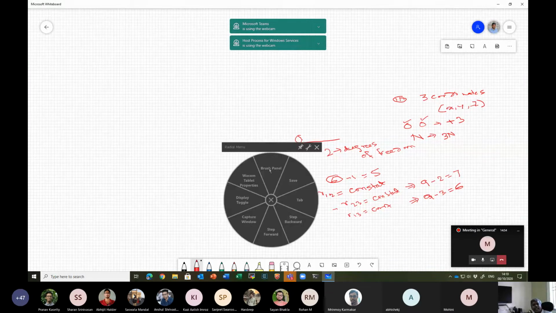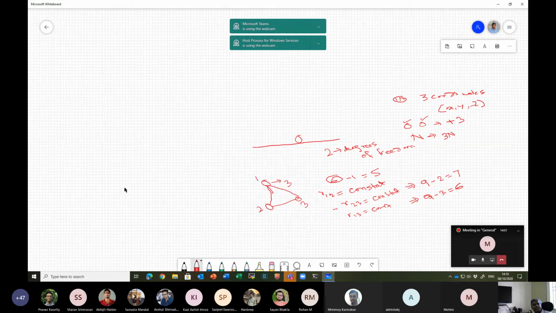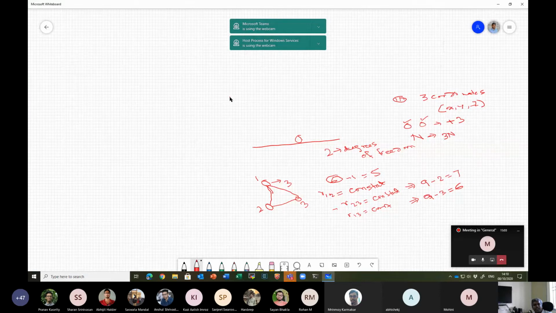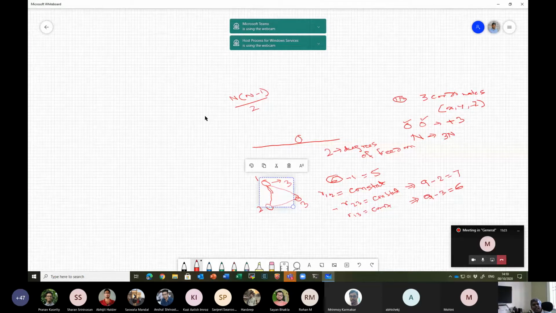What will be the number of constraints in that scenario? The number of constraints will be n times n minus 1 divided by 2, right? So when you do not have any constraint, and these n particles or n atoms are not connected with each other, then you basically have 3n degrees of freedom, right? This 3n.